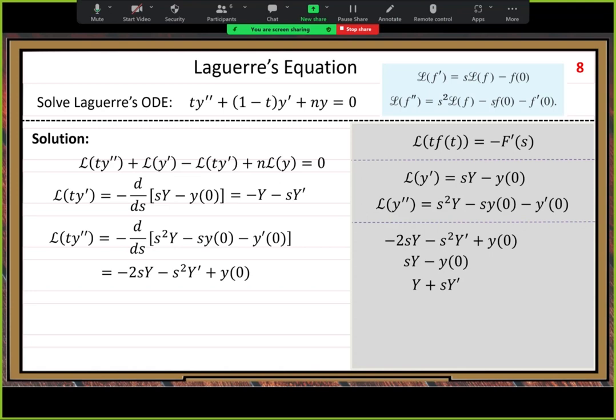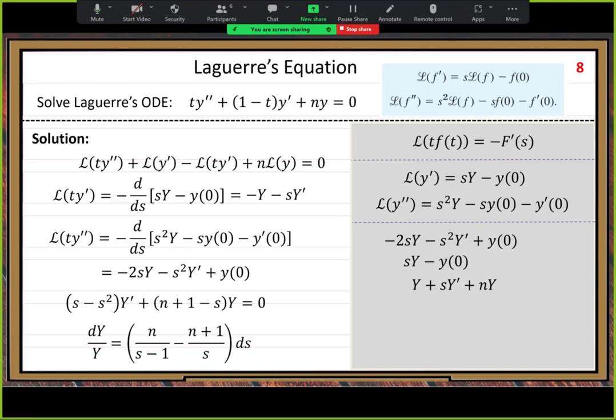Here plus, the fourth term and capital Y. So let's add up all these terms and do some simplification. We get this expression.